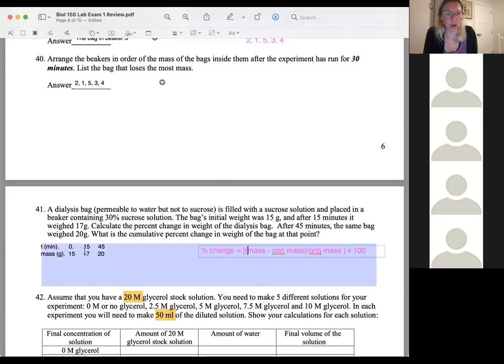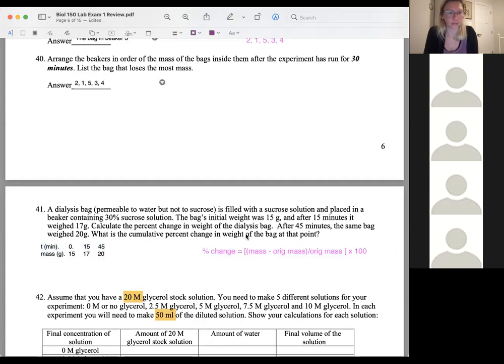Right, so if we're trying to calculate percent change at 15 minutes, see, I'm going to try to put this over here. So our percent change, the mass at our time point is 17. 17 minus 15, divided by 15, times 100.